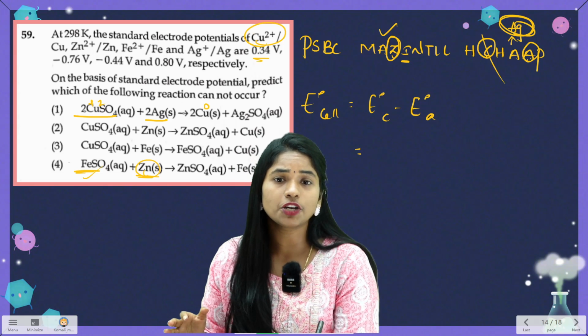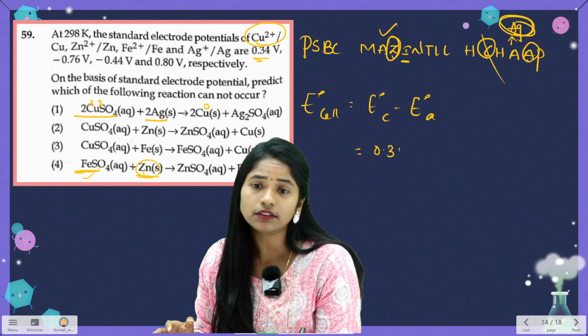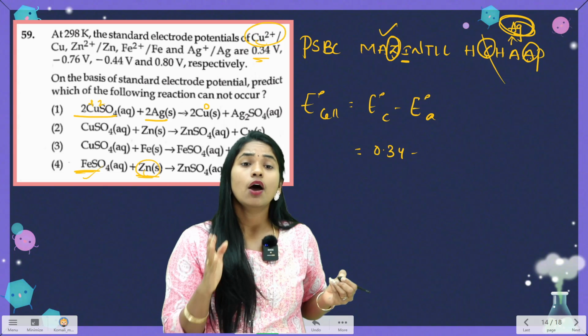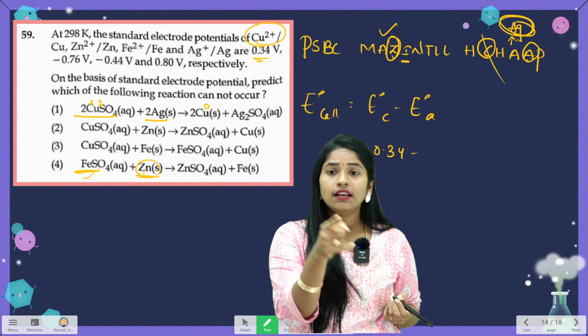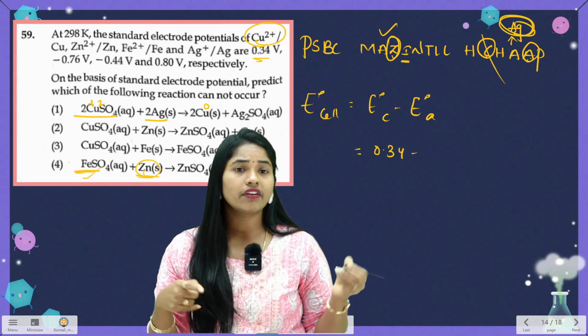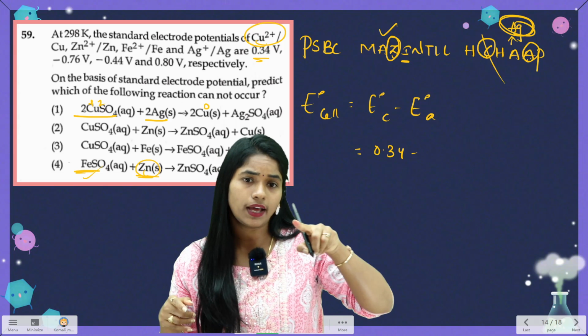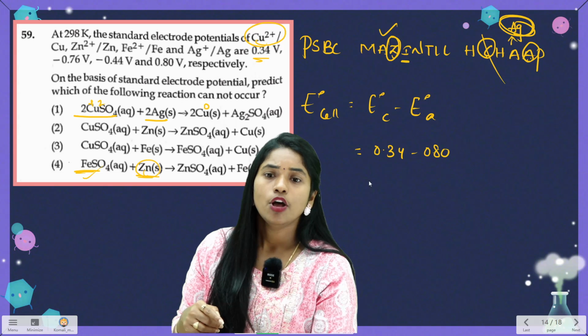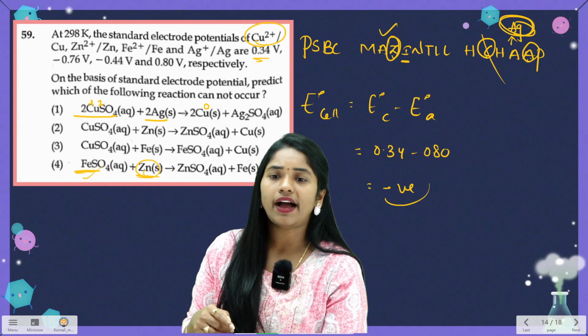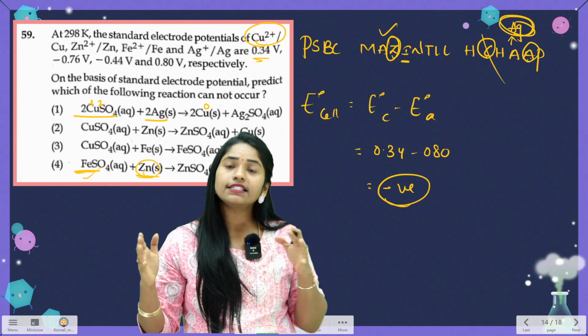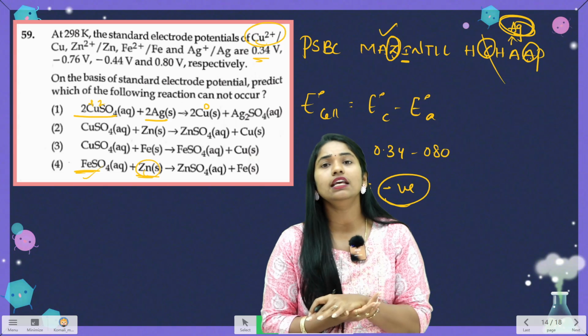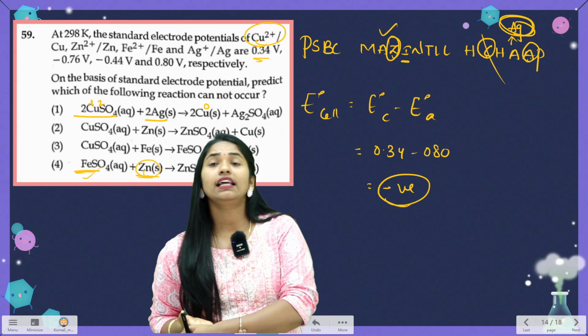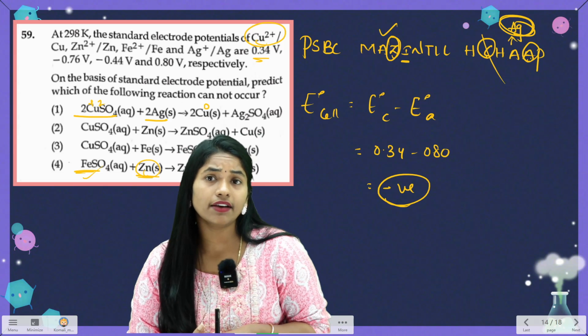So for a cathode, copper is a cathode. What is the reduction potential value, students? 0.34. Okay, minus, which is an anode? Silver is an anode, right? What is the silver value? Silver value is the last value, no? 1, 2, 3, 4. Okay, 0.80. So here you are getting a negative value. If E naught cell is negative, it means that reaction is not possible, because delta G naught is equal to minus nF E naught cell.